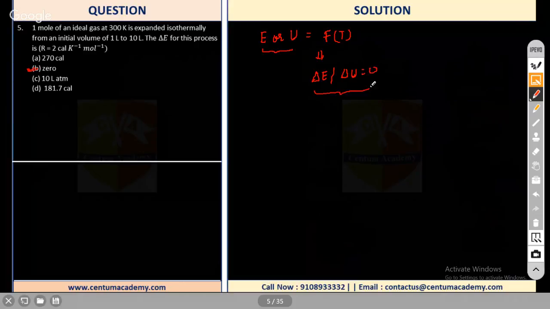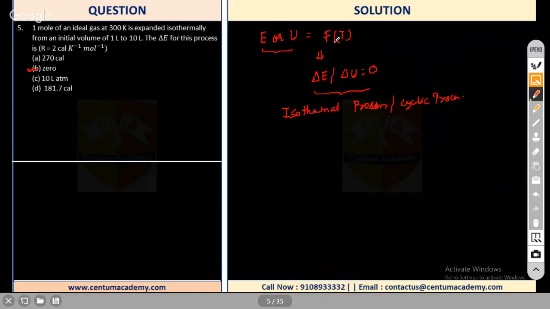So in an isothermal process or a cyclic process, in a cyclic process, both the initial and final states are the same, right?